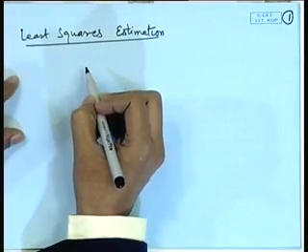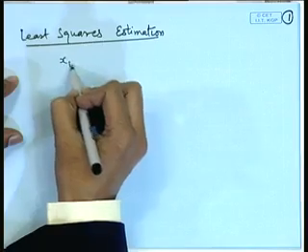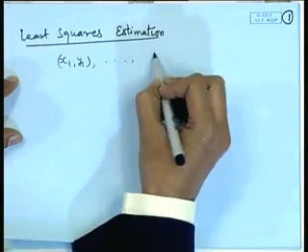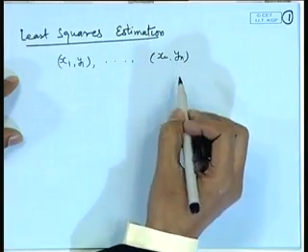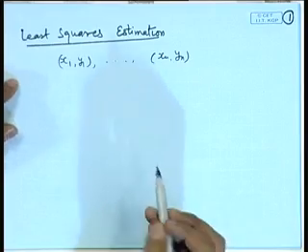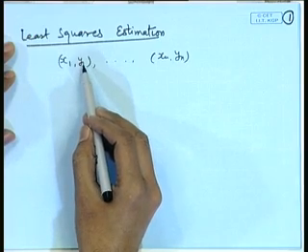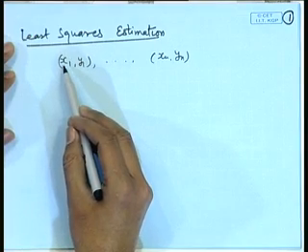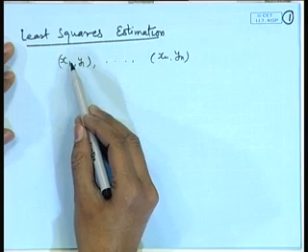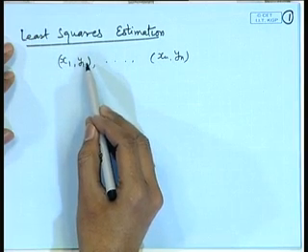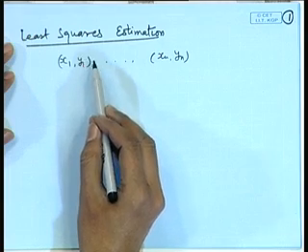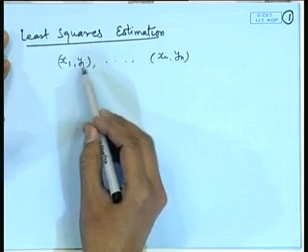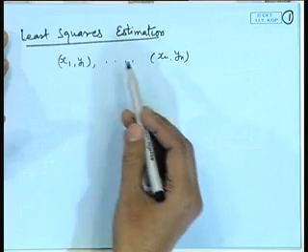here we assume that the data is obtained in the form of variables like x1, y1, x2, y2, xn, yn. For example, this may be related to certain relationships, like yi's could be the weights of the persons and xi's could be the heights, or xi's could be the heights of the parents and yi's could be the heights of the offsprings, etc. So, there could be various kinds of things where they are related.